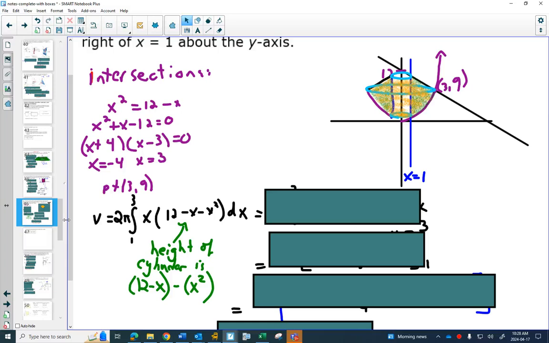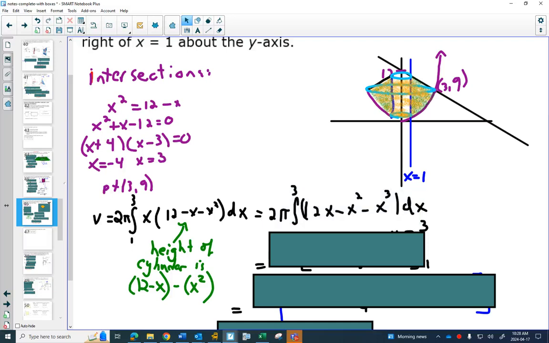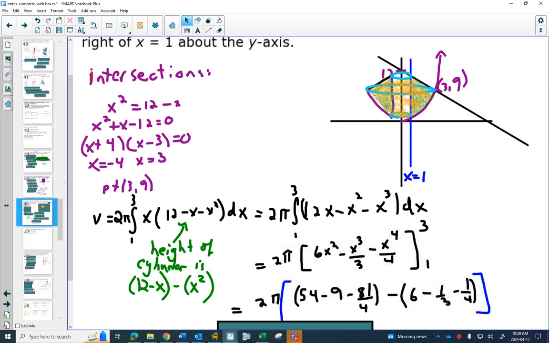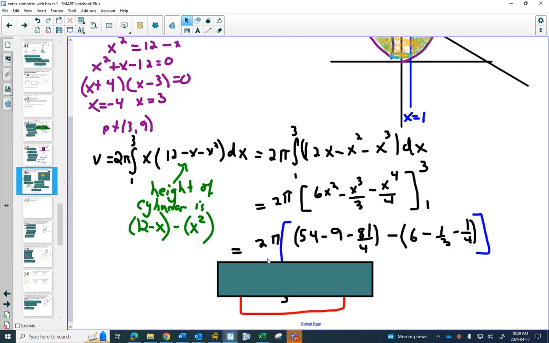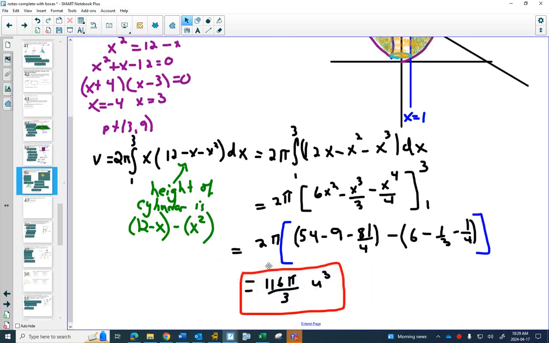Each cylinder that's drawn, the height of the cylinder is the top function minus the bottom function. And what's nice in this cylinder method is when we multiply that out, none of the integrals are hard. They're just your regular power rule. And the rest is just simple algebra and adding and subtracting.